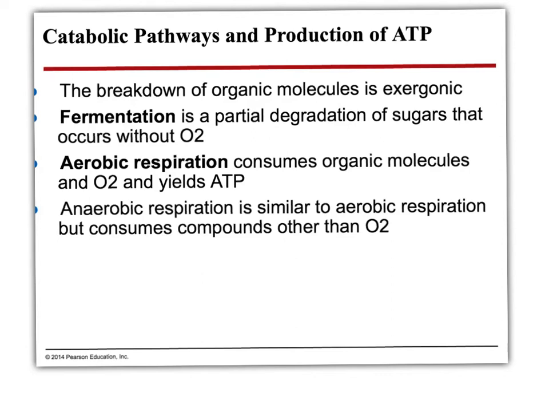So oxygen is not utilized, but partial sugars, organic molecules are still broken down, and usually CO2 is produced. Okay? Aerobic respiration is much more efficient. Glucose molecules are broken down in the presence of oxygen, yielding ATP. Both fermentation and aerobic respiration produce ATP. Okay?